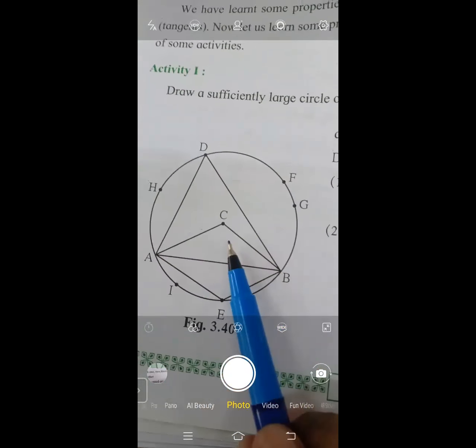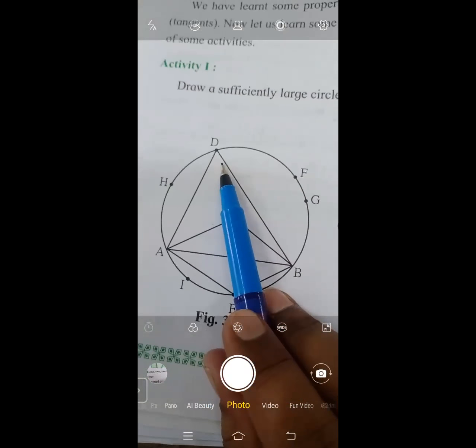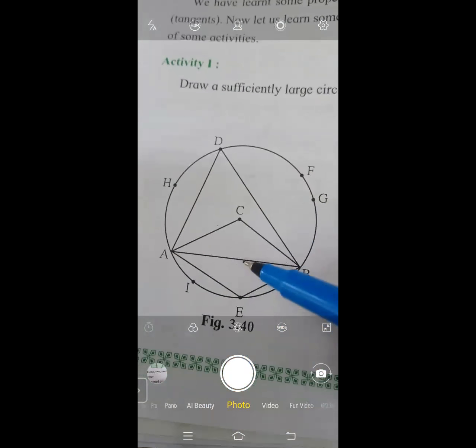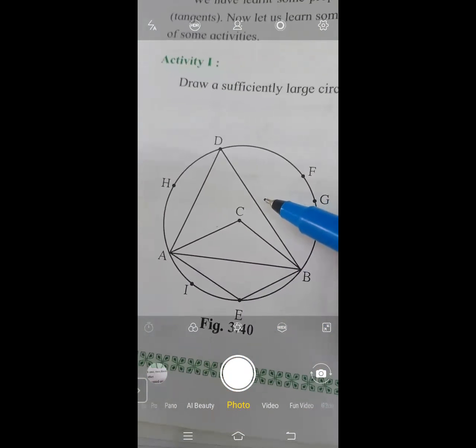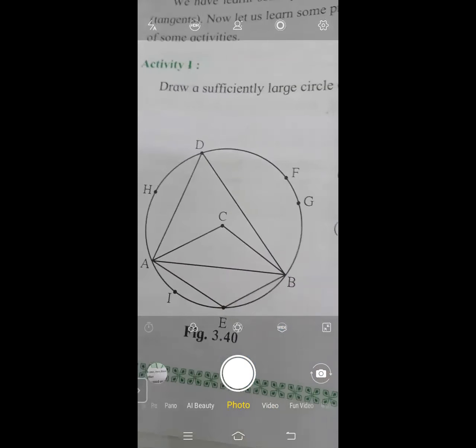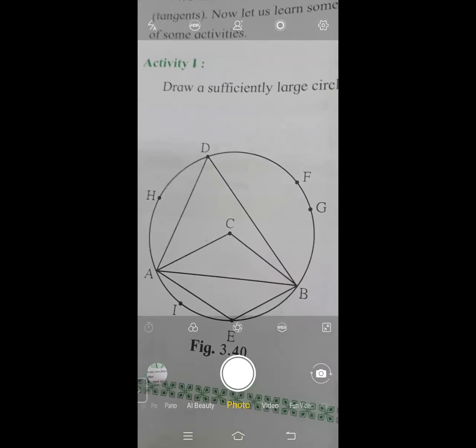Take any point D on the major arc and point E on the minor arc. Now this will be the major arc, and the arc which does not contain the center of the circle is called the minor arc.